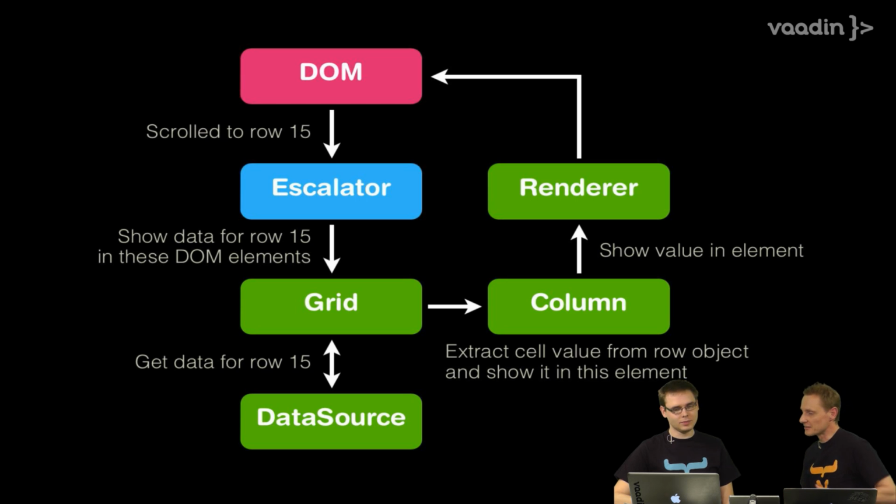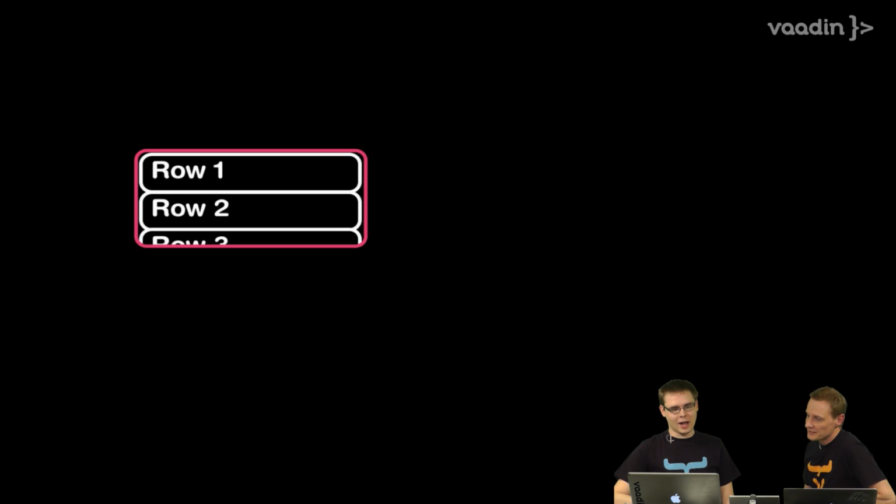So actually Escalator, what this does, we have made it so quick that we can reasonably make it. In a naive implementation of something like this, there's lots of overhead that just happens. So what we see here is a really small grid with just 2.5 rows visible.